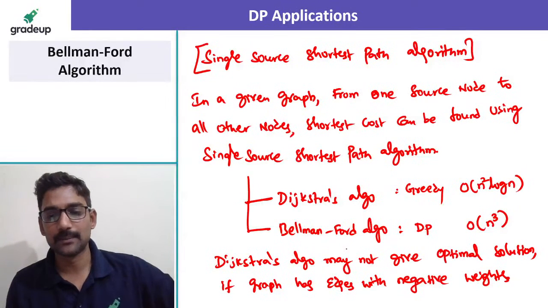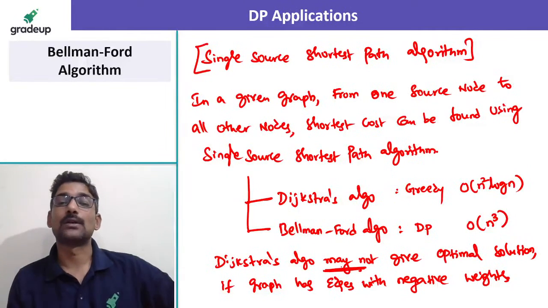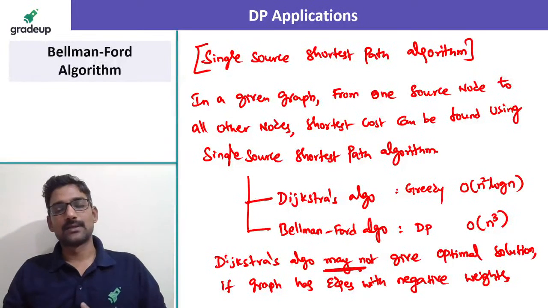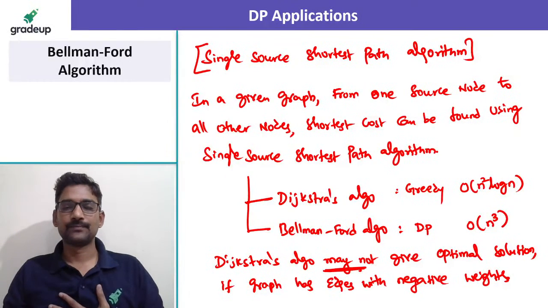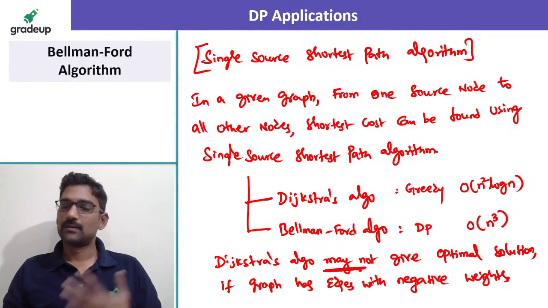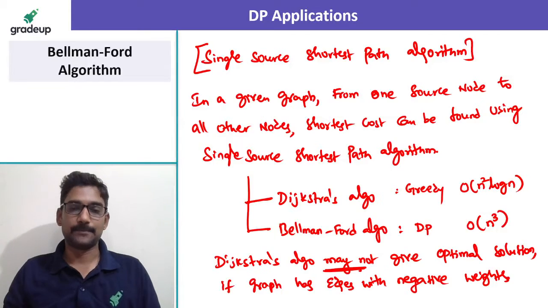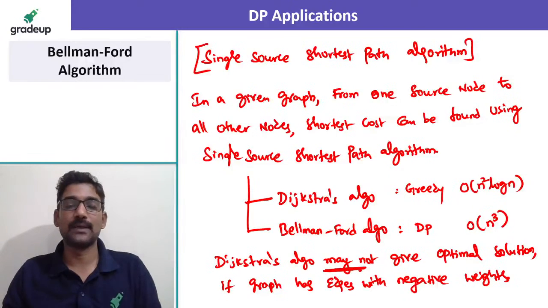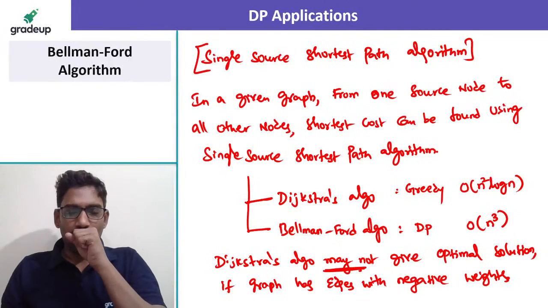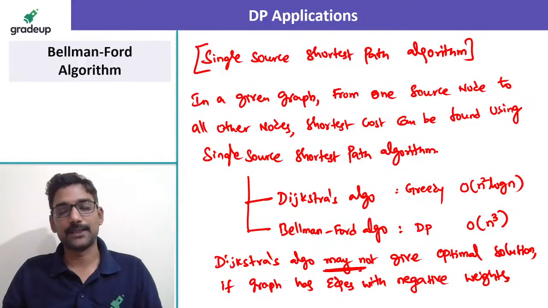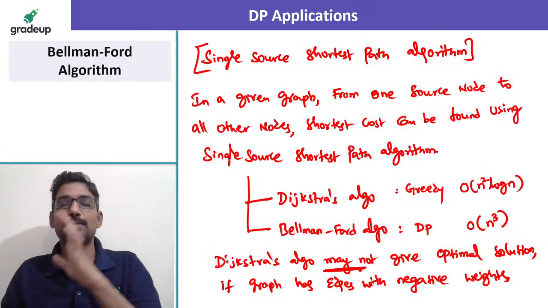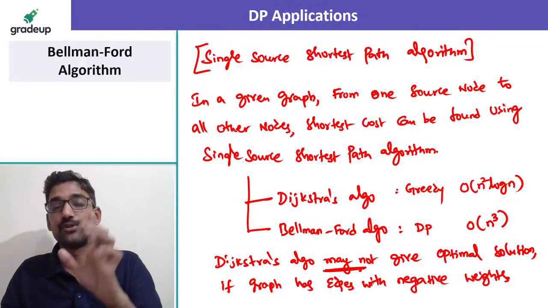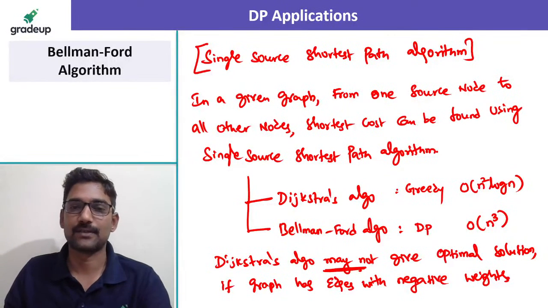So you have to understand the meaning of may not. Means sometimes for some values Dijkstra's algorithm may fail, but Bellman-Ford will not fail. That is the strength of dynamic programming. It guarantees an optimal solution. It takes a little more time, but it will assure you that this is the correct answer, the right answer.